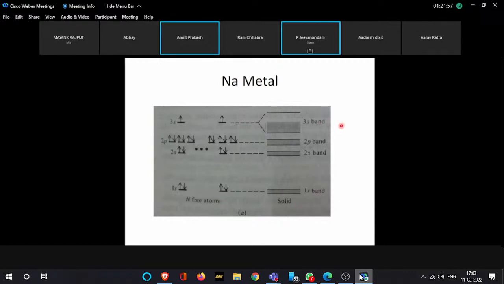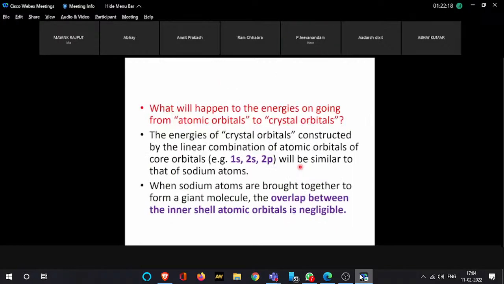Yes, somebody was asking a question related to this. How does this ground state relate to this band? Like we studied about conduction band, valence band. You see this valence band and conduction band.